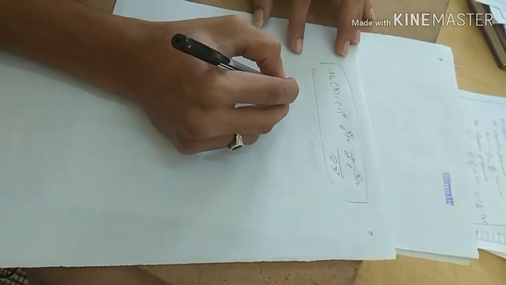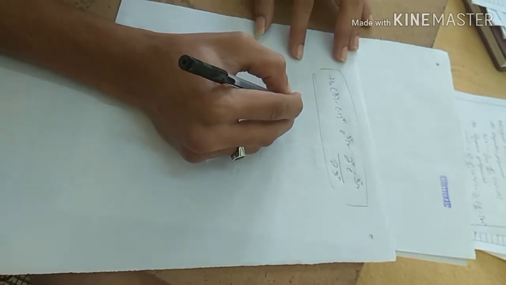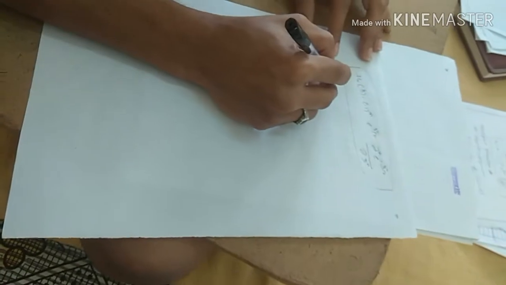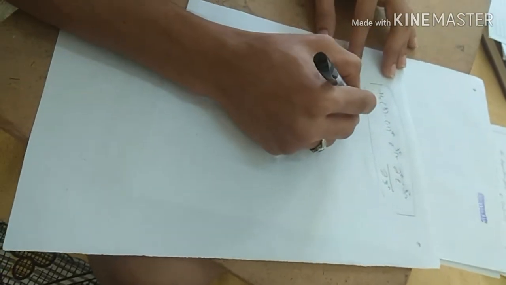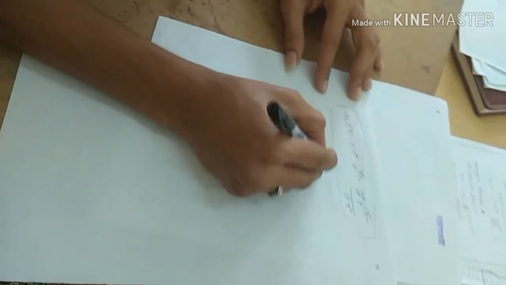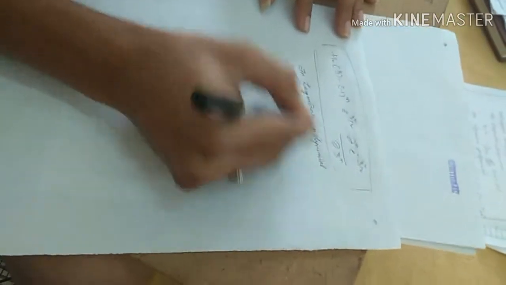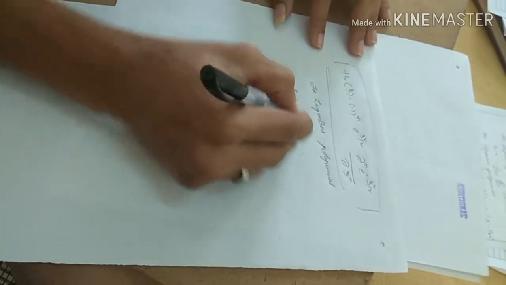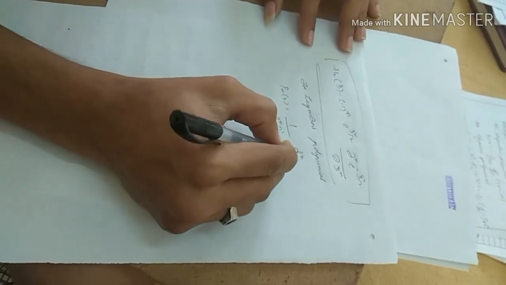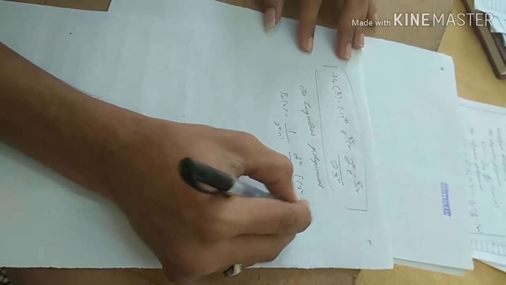And let me tell you the other two Rodrigues formulas, for Legendre polynomials and Laguerre polynomials. For Legendre polynomials, Pn of x is equal to 1 by 2 to the power n into n factorial, d^n by dx^n of (x square minus 1) whole to the power n.